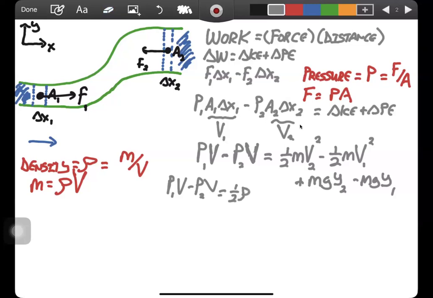And again, the rho is constant throughout. It's the density of the fluid that we're tracking. Whatever the final velocity, that's the velocity on the right of the fluid, is, minus 1/2 rho.